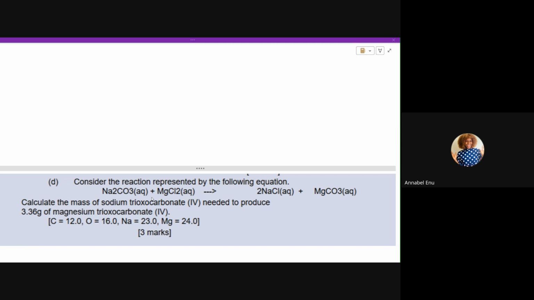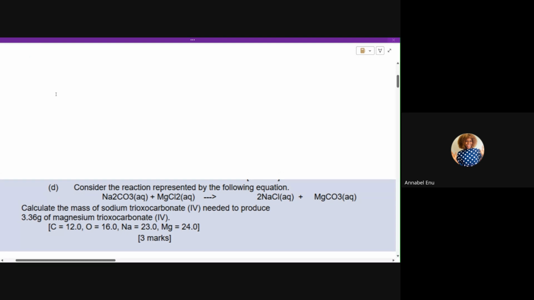All right, so let's solve it together. Now we have the reaction as we can see below, right? We have sodium tricarbonate reacting with magnesium chloride to give us 2 sodium chloride plus magnesium tricarbonate.